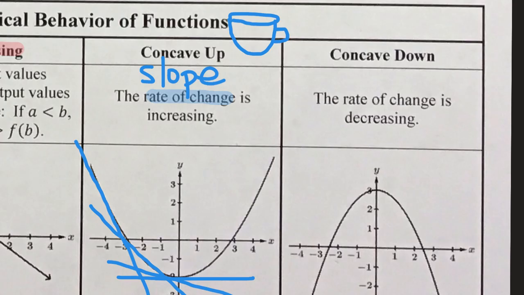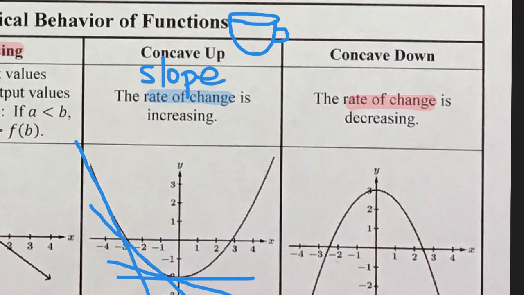So if your function is concave up, the rate of change is increasing on that interval where the graph is concave up. Okay? These are very calculus words. And if it's concave down, and of course the rhyming word is frown with concave down, the rates of change are decreasing. So we have a very positive slope if we're looking at the left side, but they're getting less and less steep.